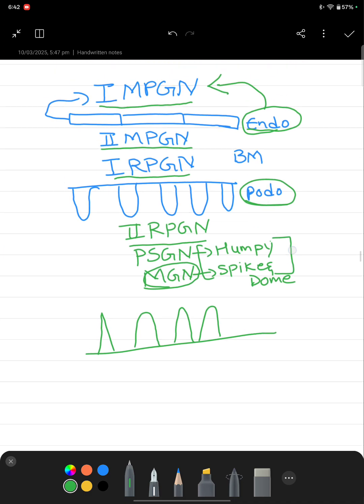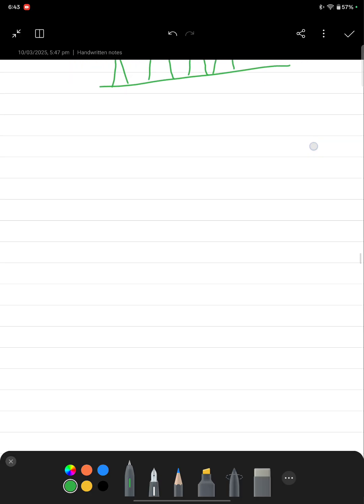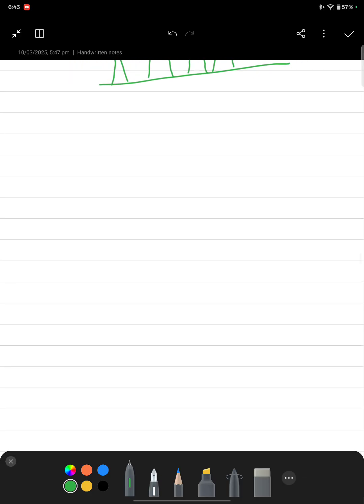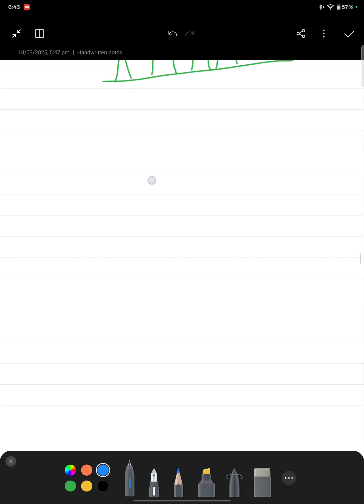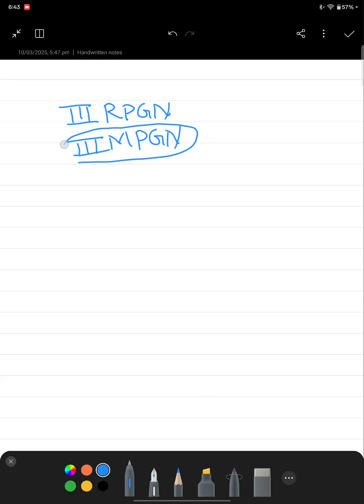So we completed these types, and we are left with two more types of primary glomerulonephritis, that is type 3 RPGN and type 3 MPGN. Now remember that MPGN type 3 has an MP seat, that is member of parliament.